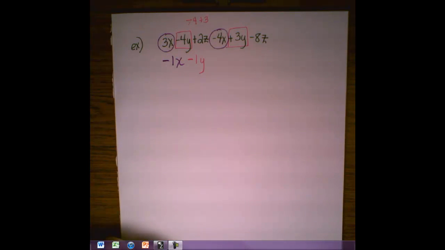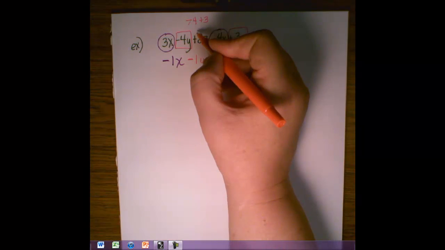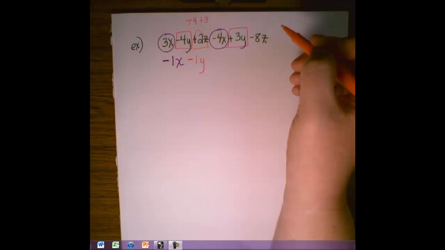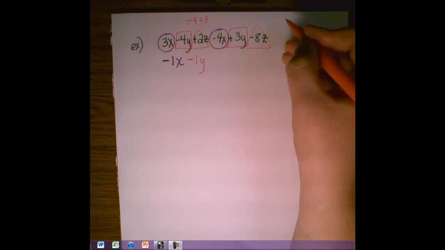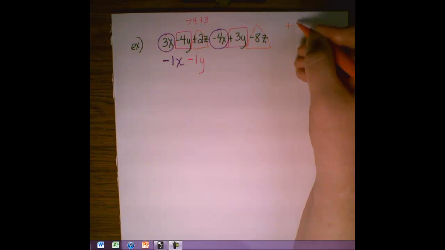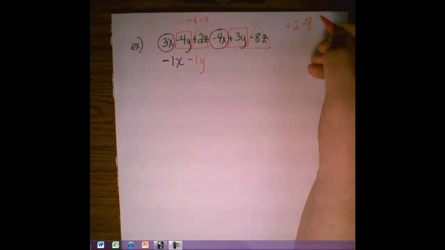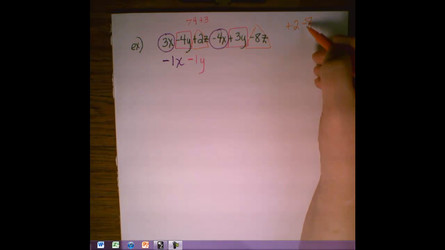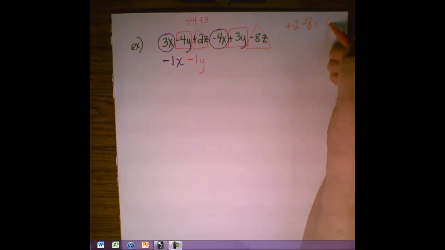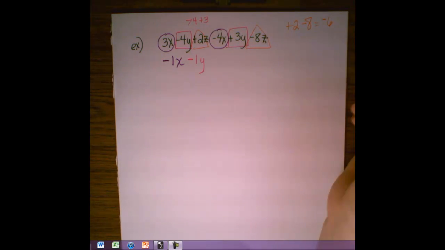Okay, and then lastly here we have a +2 and a -8. So that gives me a +2 -8. And when I do that, the signs are different, so I'm going to subtract. 2 from 8 gives me 6, and I keep my sign, which would be negative.